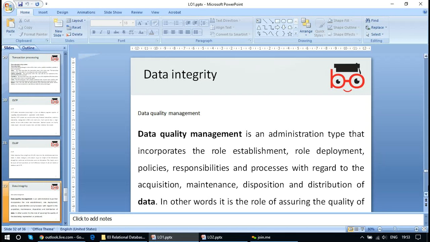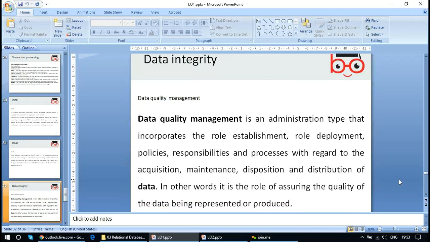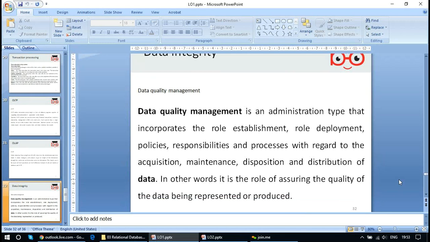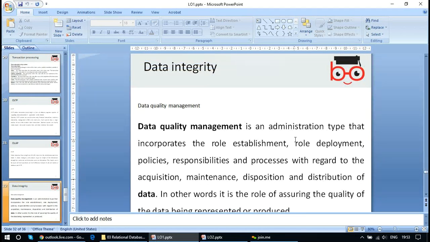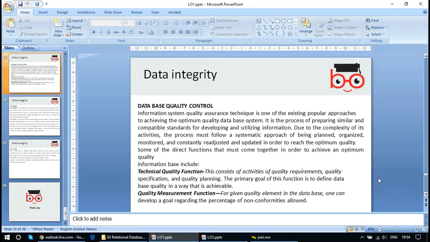In other words, the role of assuring the quality of data being represented or produced. So when you talk about the quality of data, then you talk about the data integrity in the database.